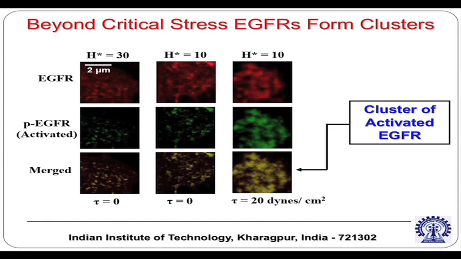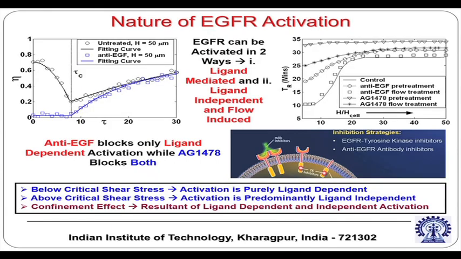That is one thing. Not only that, beyond the critical stress the EGFRs form clusters. You can see in these view graphs the clusters of EGFR that we have pictured. Now the EGFR can be activated in two ways: one is ligand mediated, another is ligand independent and flow induced.